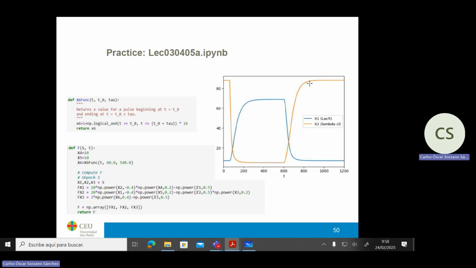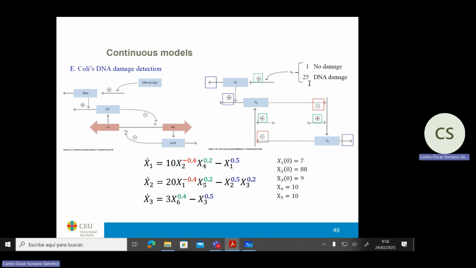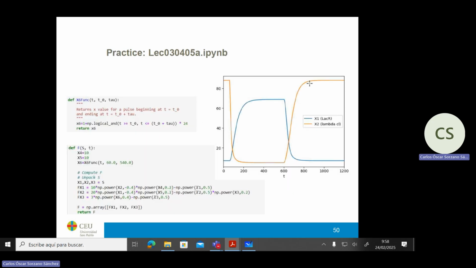So you see it goes from 1 to 25. During this period, it has increased. I have not plotted it in this notebook, but you can do it. Actually, the notebook is in this list of notebooks that I gave you.